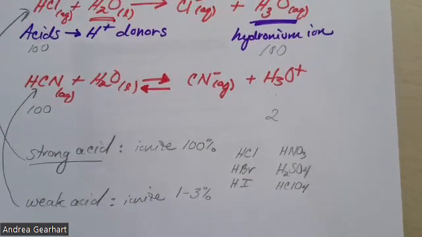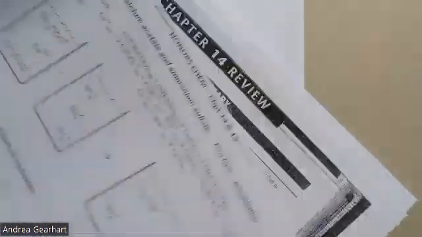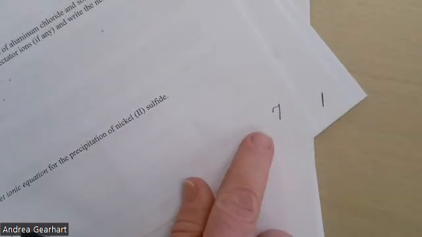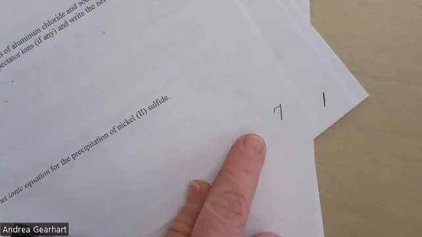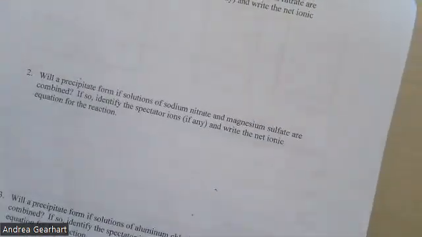Okay, so we need to work with these with ionic and net ionic equations, but we haven't yet. So, ladies and gentlemen, applying solubility rules and the ionic and net ionic stuff, could I ask us, it is page 7. So the example that we did together, will a precipitate form?